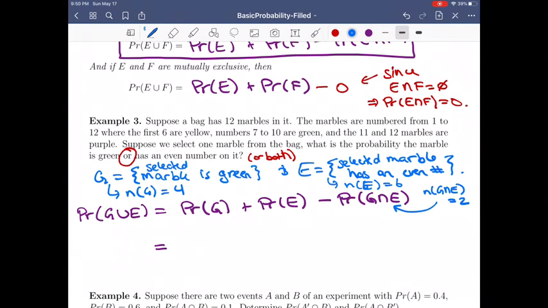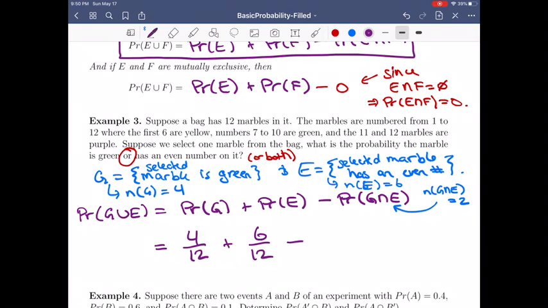So we reach into the bag. 4 of them are green, 12 of them in total. So hopefully you believe me that the probability of G should be 4 out of 12. For E, the probability we get an even number, 6 of them are even, 12 of them in total, so there's a 1/2 chance.